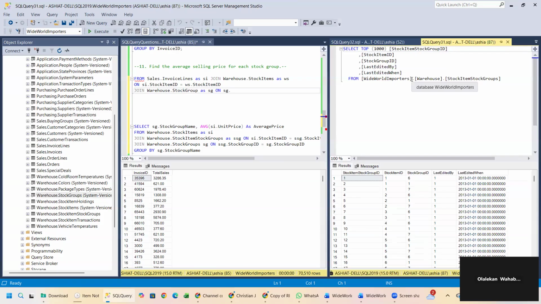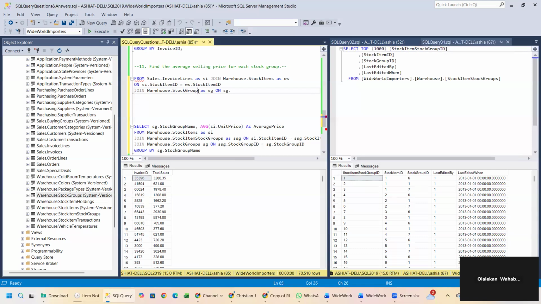But you know that we have not called this into our query. You understand what I'm saying? If I want to join the stock group now, before I join the stock group, I need to call this one first.